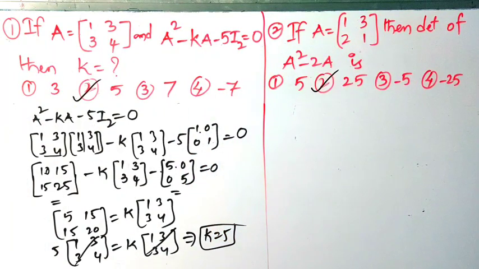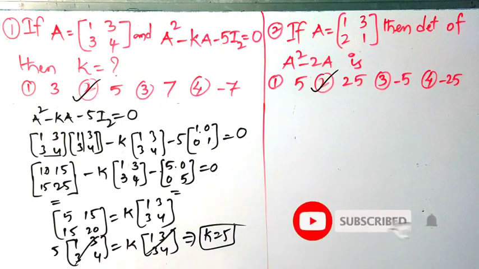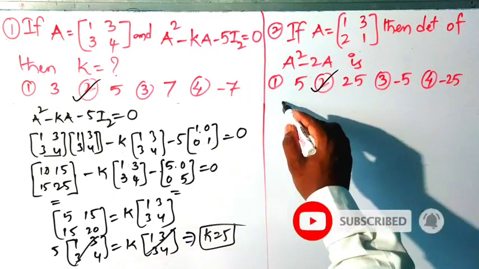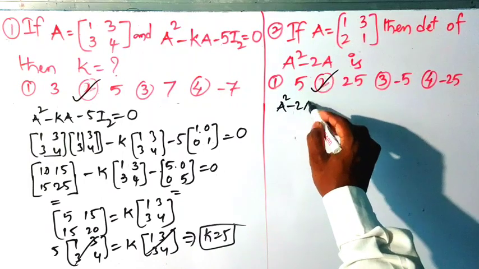So this is the actual, normal method. Then after, we will do this one. How to find the determinant here? Again, A square minus 2A.